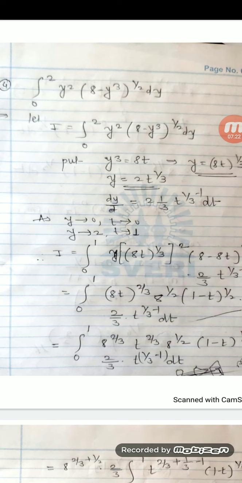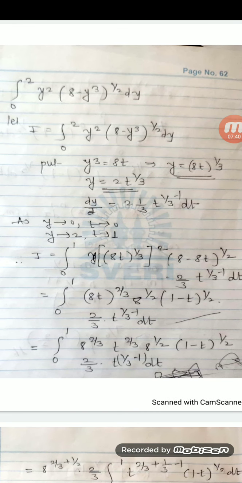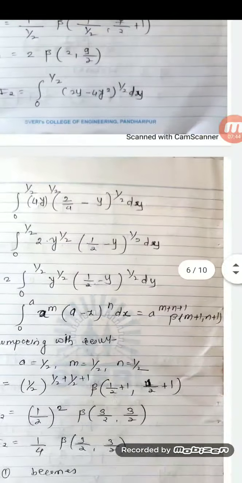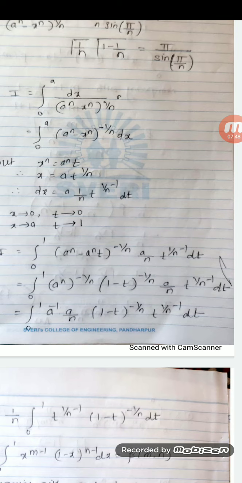So what do we have to do? We have to eliminate this y cube, and we want a single t. One more thing, we have to take this 8 common from the bracket, so we make the substitution y cube is equal to 8t. After that, find the value of y, that is y is equal to cube root of 8t raised to 1 by 3. We did the same thing with our second example, where we made the substitution x raised to n equal to a raised to n t, found x, and next dx.